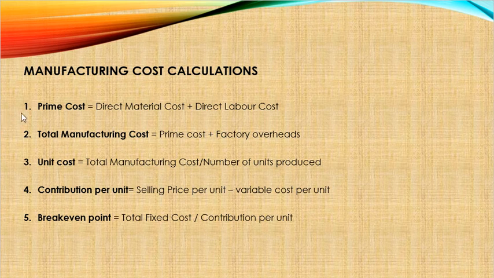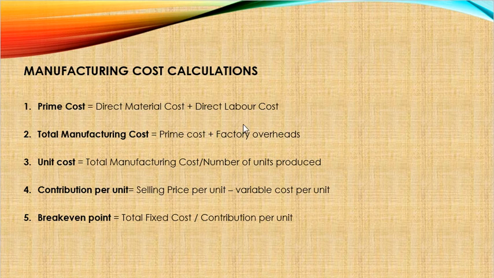So prime cost you calculate by adding your direct costs, so your direct labor and direct material costs. Total manufacturing cost is then my prime cost plus my factory overheads. So you'll see you have your direct costs, which make up your prime cost, and your factory overheads are all your indirect costs.